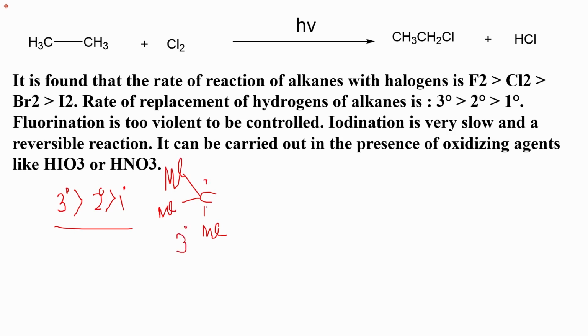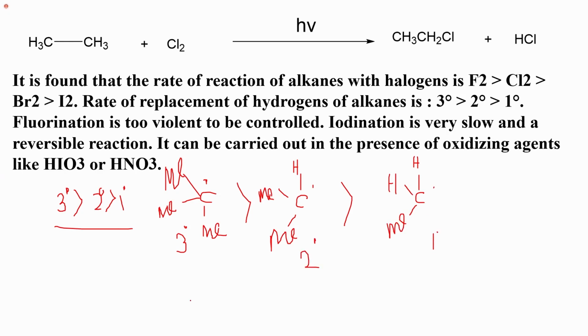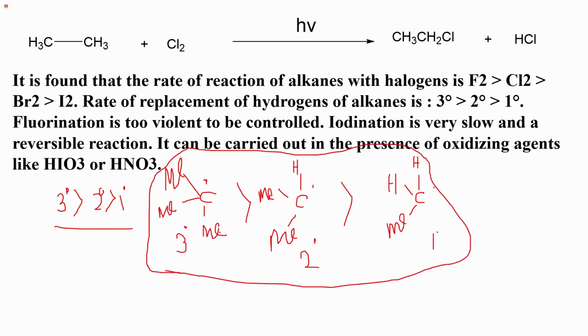It is much more stable compared to CHMe2 dot, and then CH2Me, where there is a hydrogen, a hydrogen, and a methyl. So this is 2 degree, this is 1 degree. This is the stability order, and I have given some examples so that you can correlate.